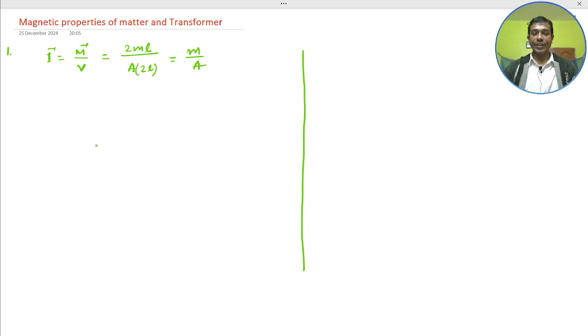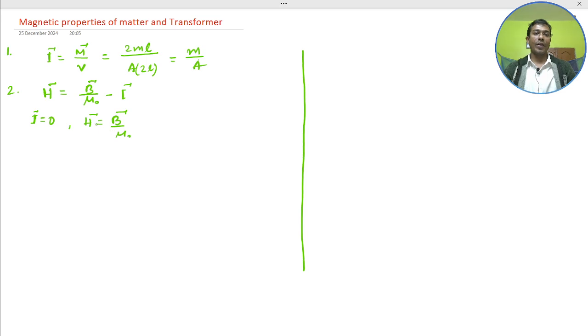Magnetic intensity H is B by mu naught minus I. If I is 0, meaning no material is present, H becomes B by mu naught.